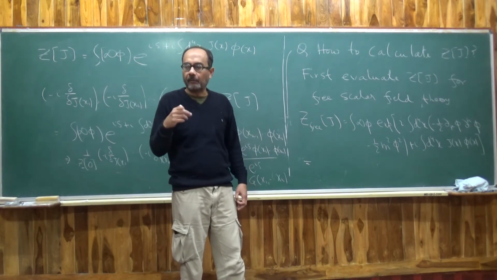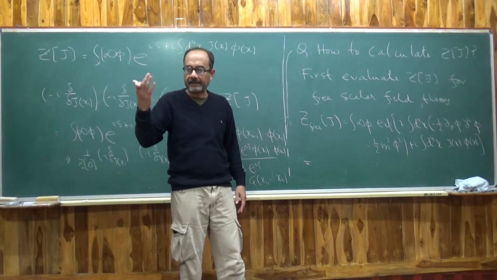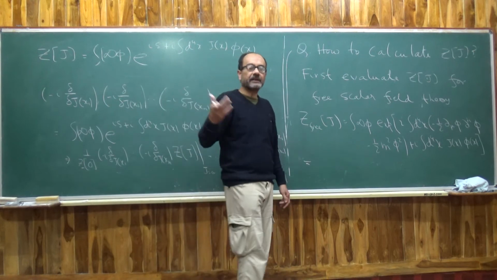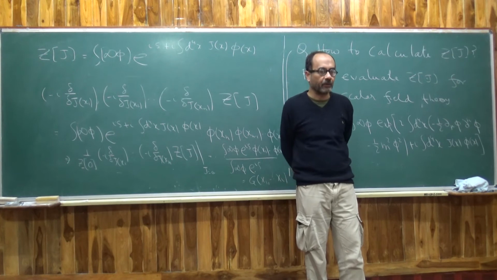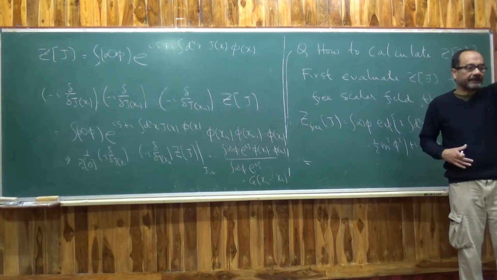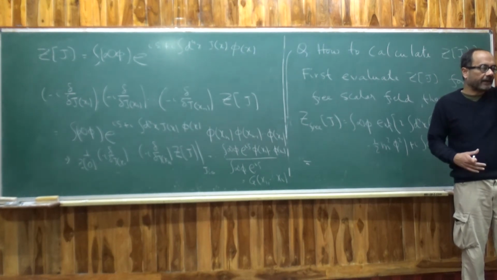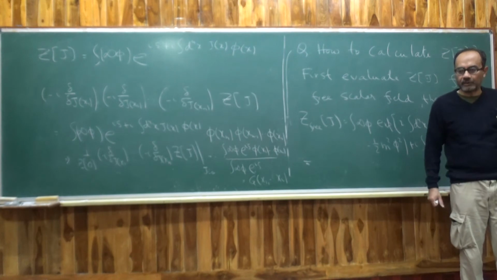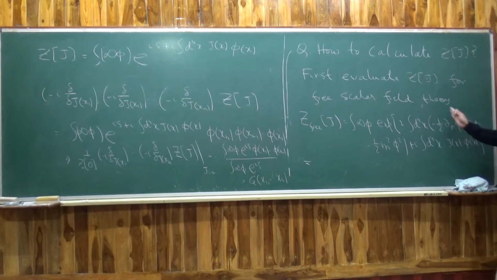So q prime and q double prime are the analogs of the initial value of phi and the final value of phi, at minus T and plus T. So you can always choose your boundary condition so that initially and finally phi is 0. Since the result doesn't depend on the initial and final values of phi, you can always assume that the boundary terms can be ignored. Take phi going to 0 as you go to plus or minus infinity in time. So using that, we will justify integration by parts.